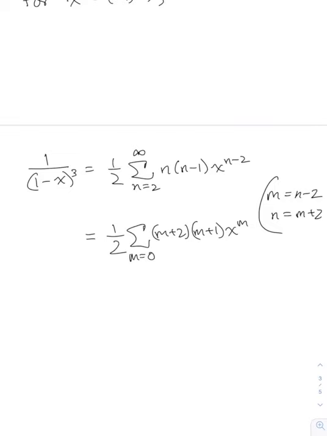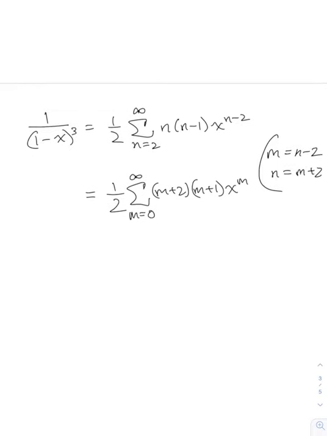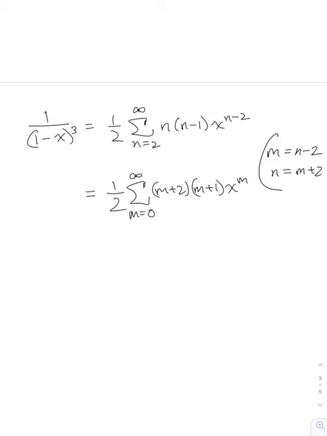And as n goes to infinity, m also goes to infinity. It's just like making a u substitution in an integral. Now, of course, that index, n or m, is just a dummy variable. If I wanted, I could change that m back to an n just for consistency. It's not necessary, but it just makes all my series look the same if I put n back in there.